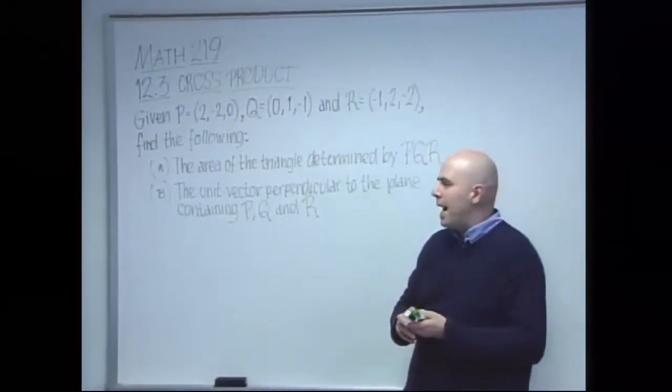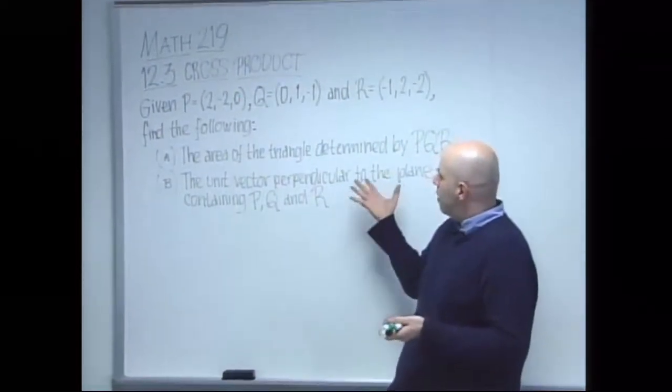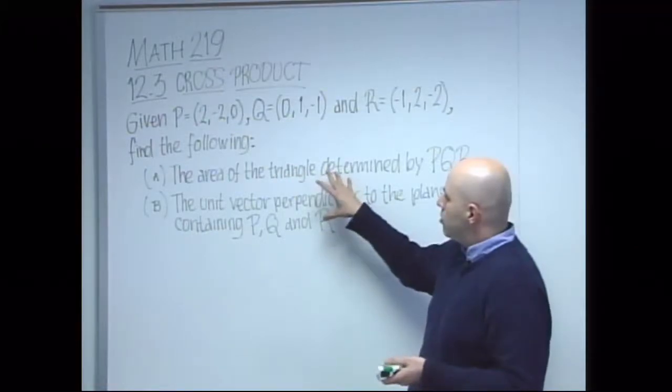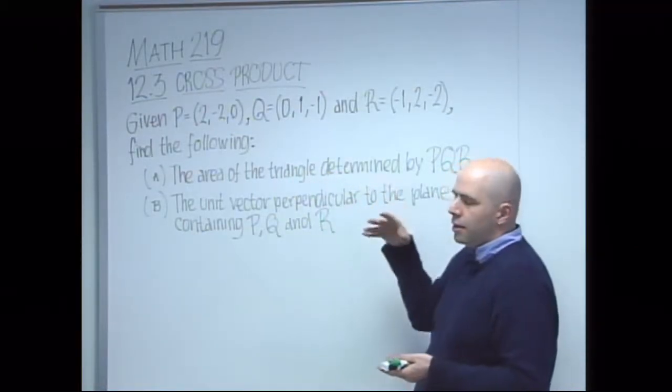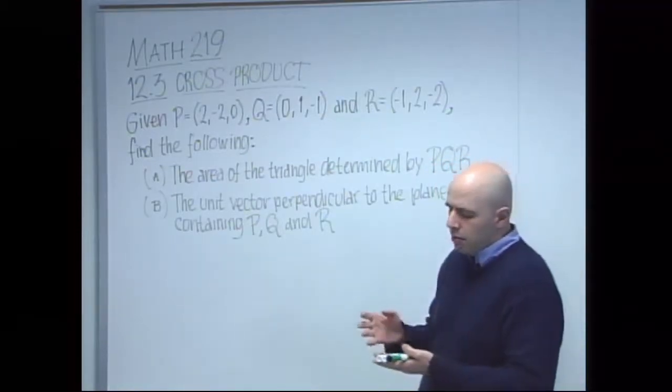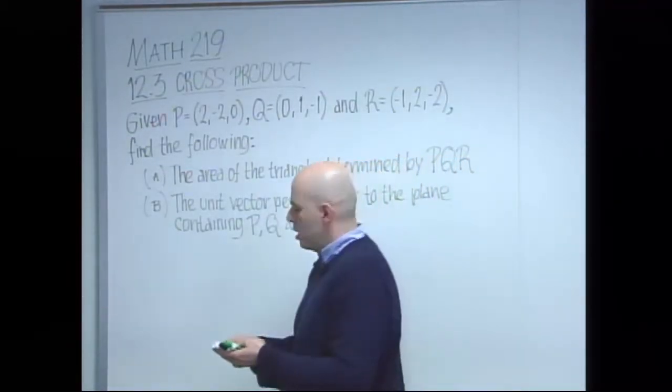So hi, I'm back. The idea is the following. We're going to have 3 points, and with these 3 points we are going to try to find the area of the triangle. This section is about vectors, so the first thing that we're going to do is create some vectors.